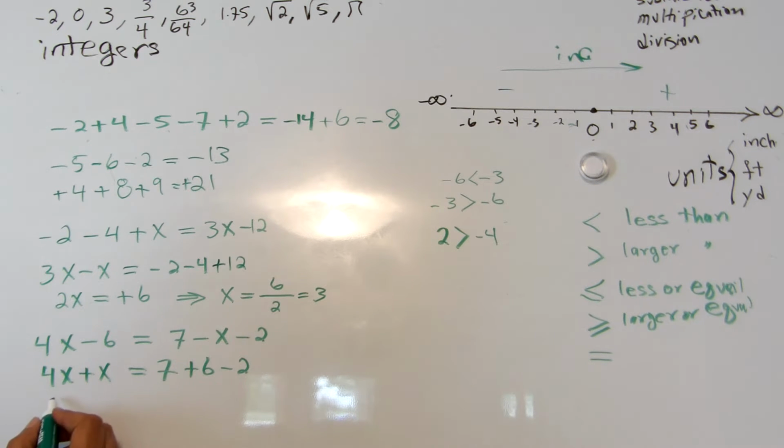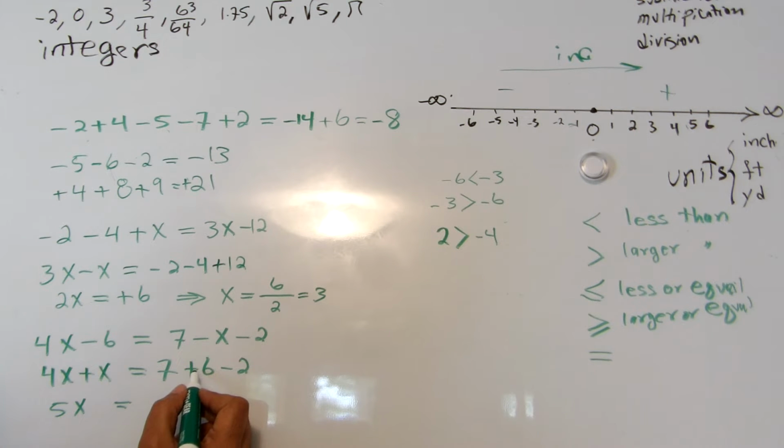So the result is going to be 5x, 4x plus 1x is 5x, equal to 7 plus 6 is 13, minus 2 is 11.